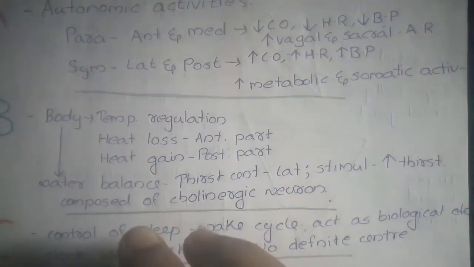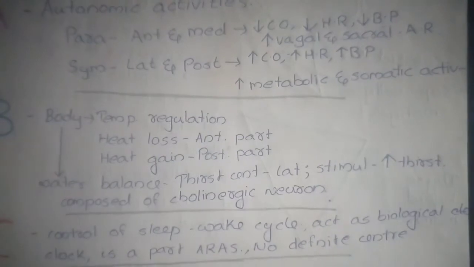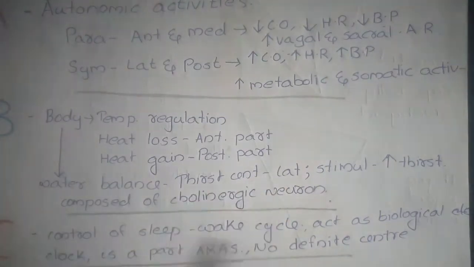If a lesion to this thirst center occurs, there is a decrease in the thirst. So we can remember water balance by the thirst center in the lateral part of the hypothalamus.